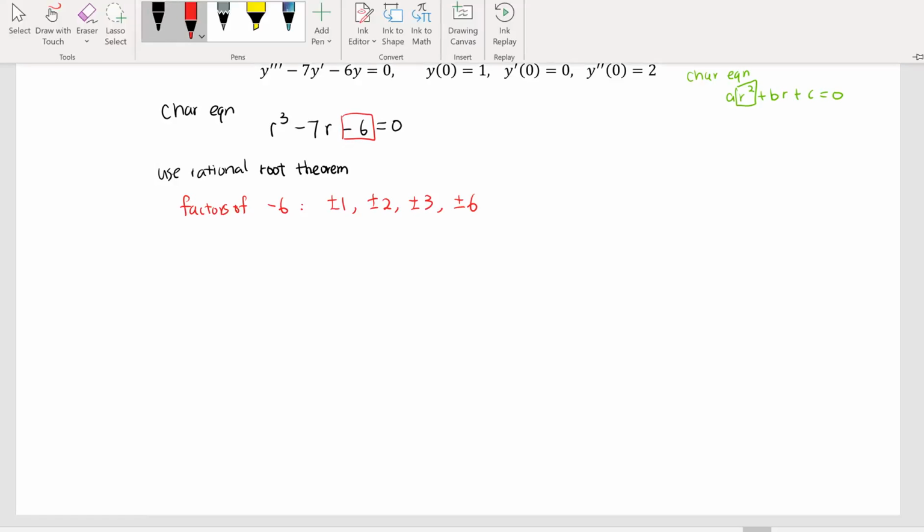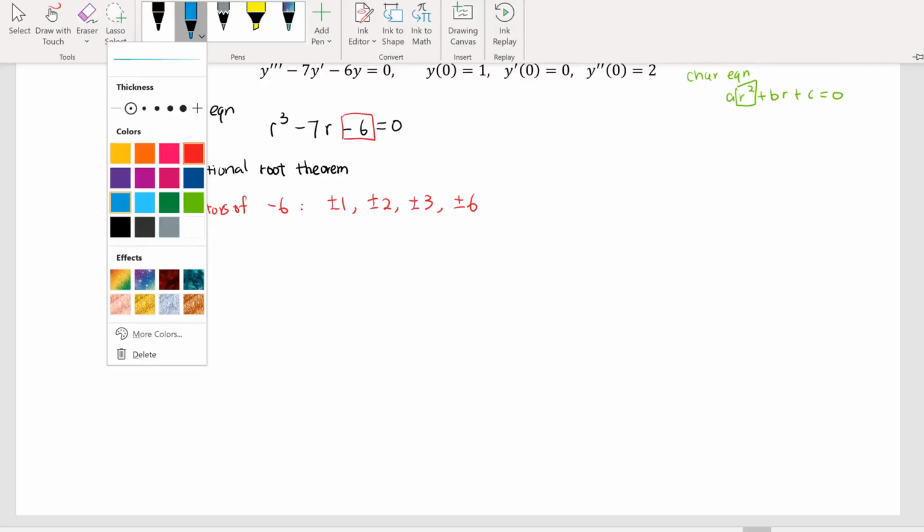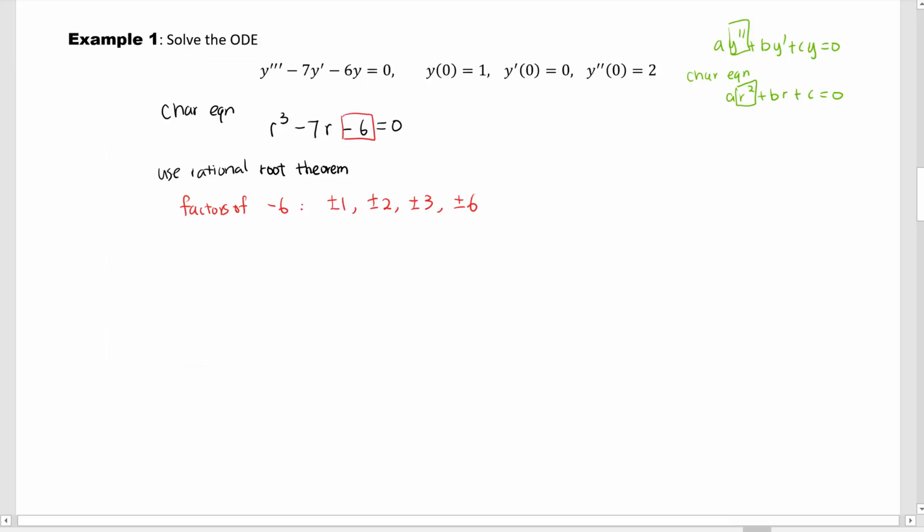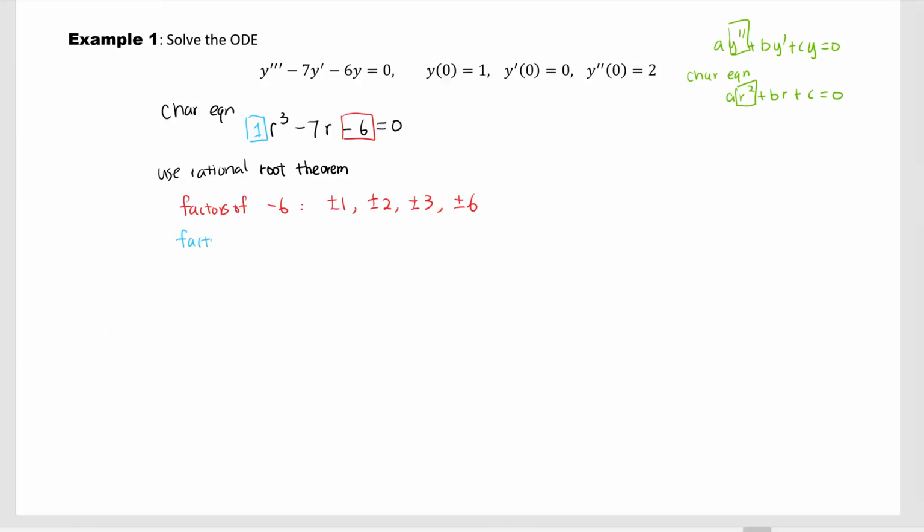Next, there's a coefficient 1 here, so we look at the factors of the leading coefficient. Factors of 1 is just plus or minus 1. Then the possible roots are the factors of the constant term over the factors of the leading term.